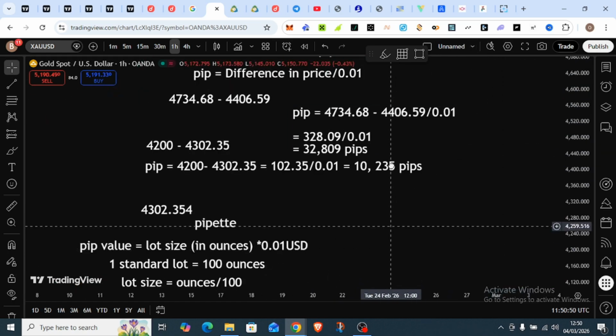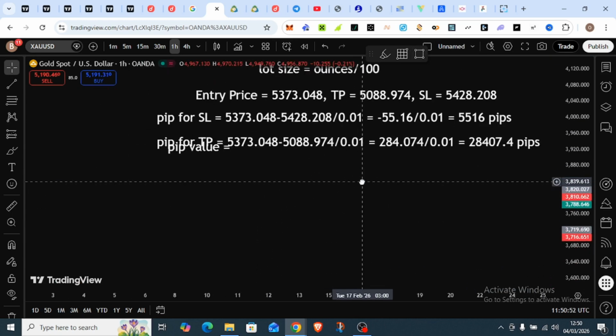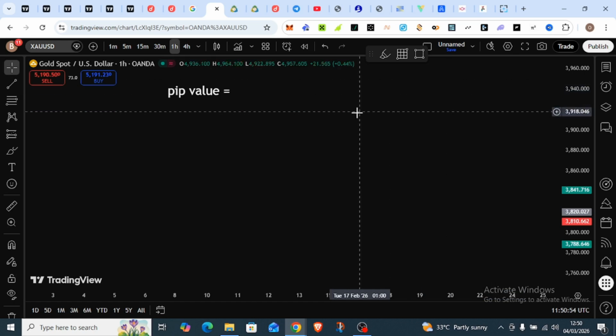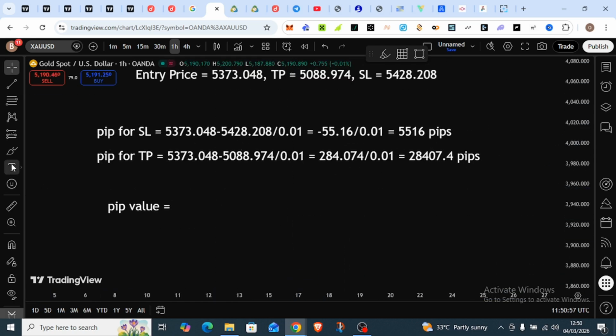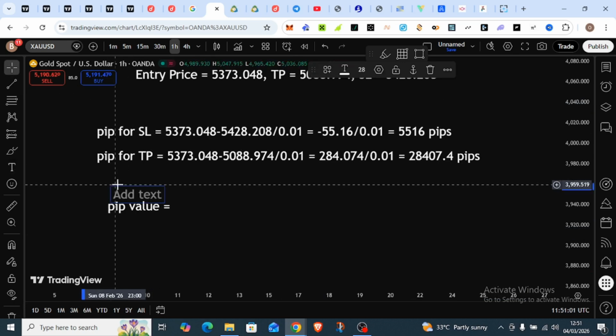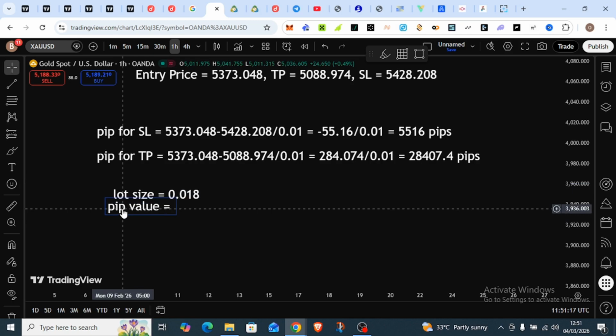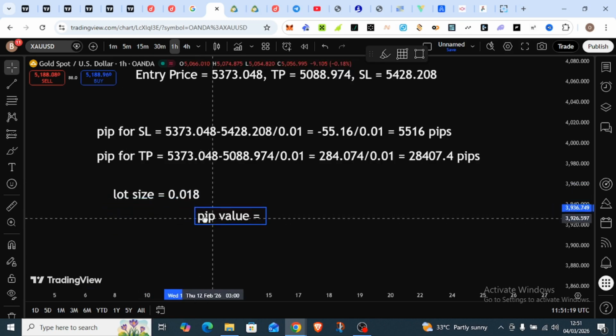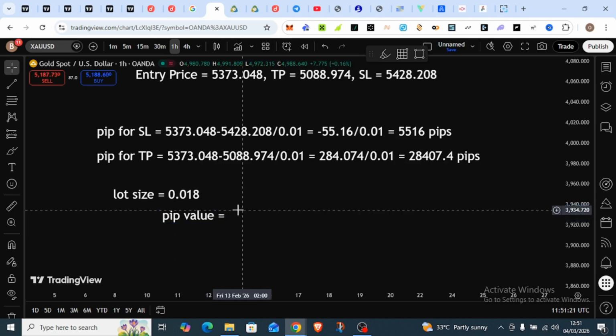So from this, we have lot size. Let's specify lot size. Lot size equals to 0.018. Good. From here, we can calculate our pip size.